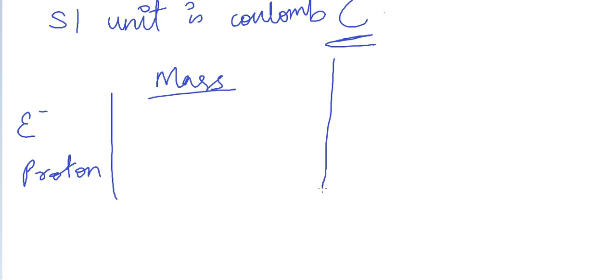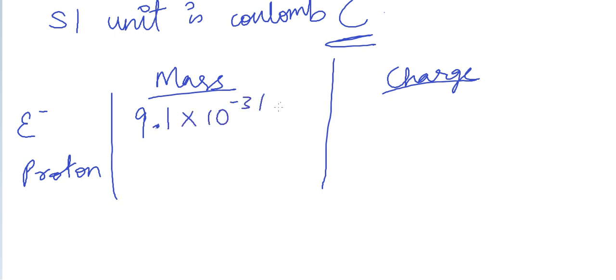Here is some data that I'm going to give to you. This is for electron, and this is for proton. This is your mass, and this is going to be your charge. The mass of electron is 9.1 into 10 to the power minus 31 kgs, and the mass of proton is 1.67 into 10 to the power of minus 27 kgs.